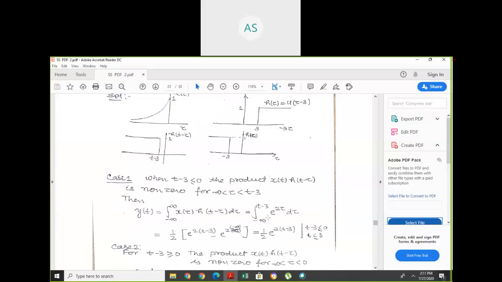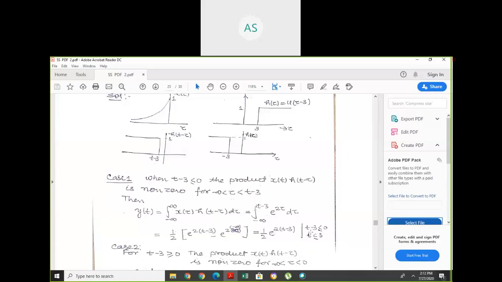If we integrate this quantity and substitute the limits, we get this equation. Exponential minus infinity is 0, so we get half exponential to the power t minus t.